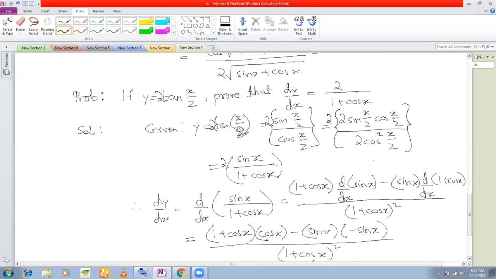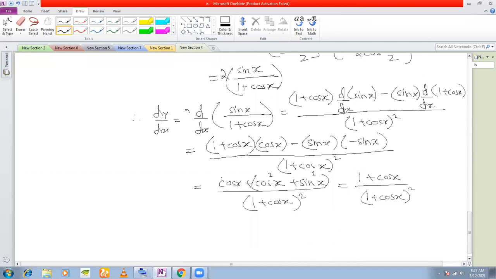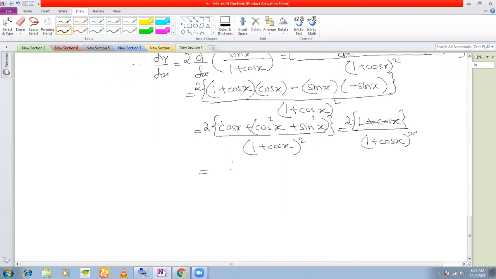While we are differentiating, we take this 2 outside, and this 2 remains everywhere here. So that now 1 plus cos x will cancel in the numerator and in the denominator, so that ultimately you are left with 2 by 1 plus cos x.